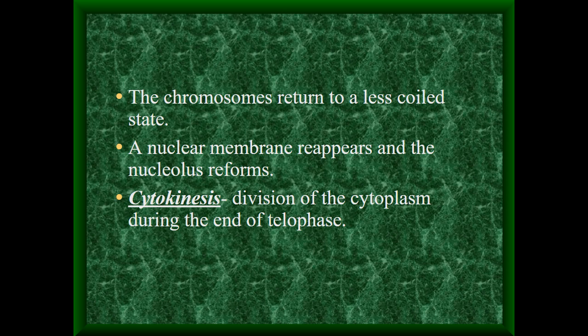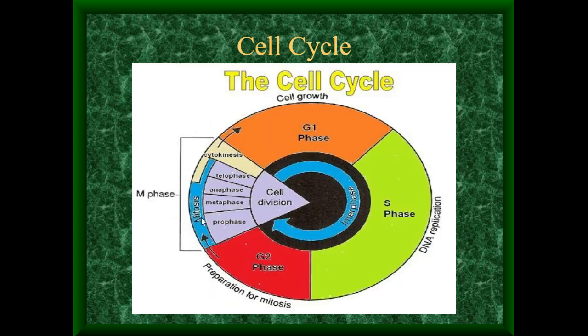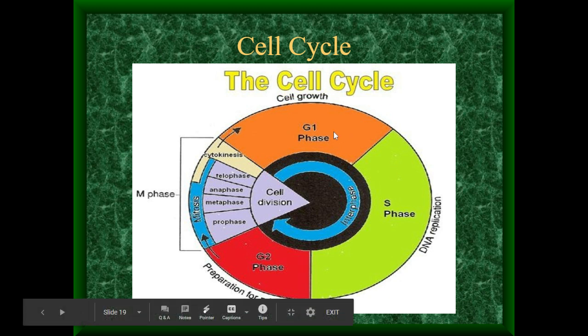And then here's another way to look at it. See, interphase, everything's growing. Prophase, metaphase, everything lines up. Anaphase splits. Telophase, we have our two new sets with cytokinesis. And of course, here is your cell cycle.